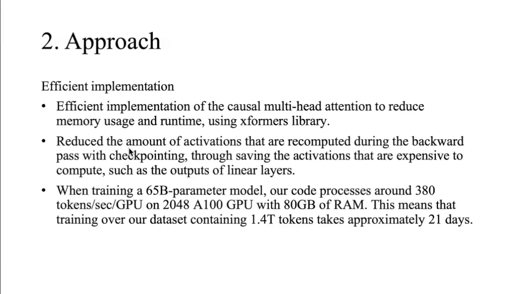They also mentioned that they reduce the amount of activations that have to be recomputed during the backward pass. For example, they save the activations that are expensive to compute, especially at the final few layers of the decoder, which are the linear layers. When they trained the 65 billion parameter model, they processed around 380 tokens per second per GPU on 2048 A100 GPUs.